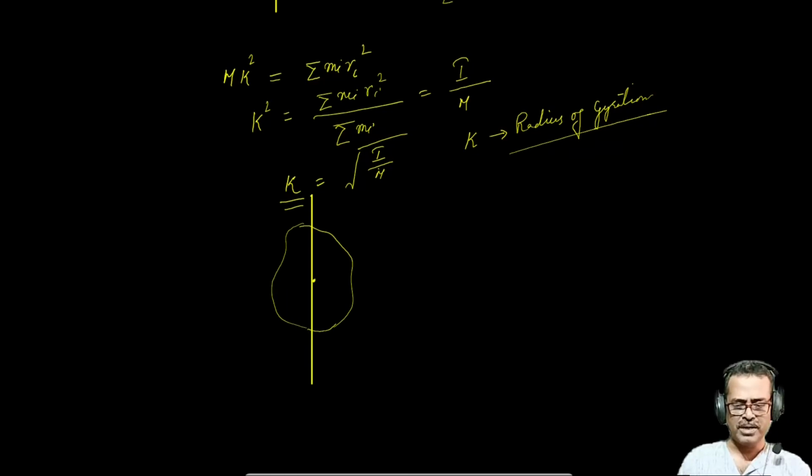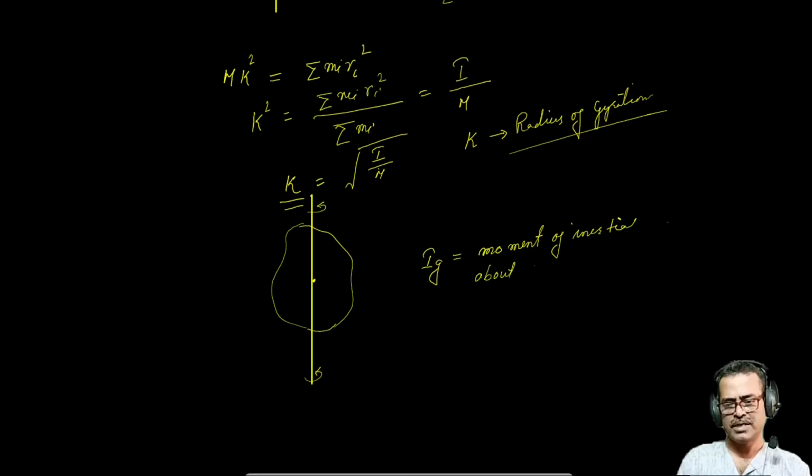If the body rotates with respect to that centroidal axis, then its moment of inertia is called Ig, the moment of inertia about the centroidal axis.